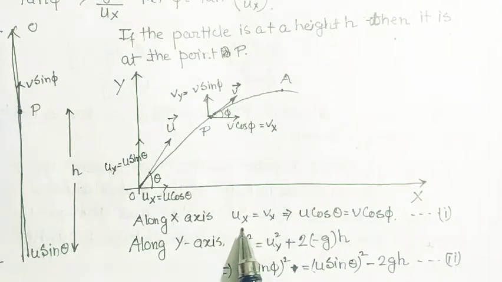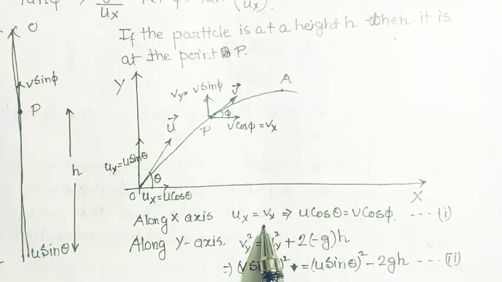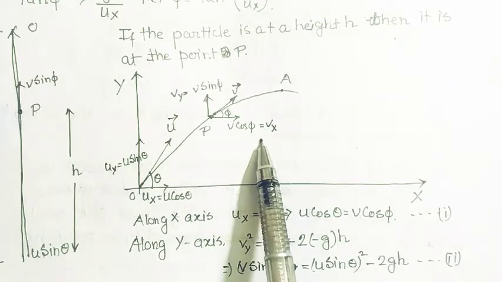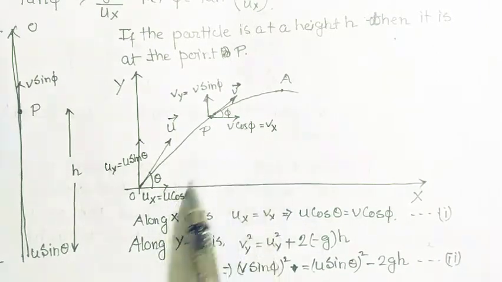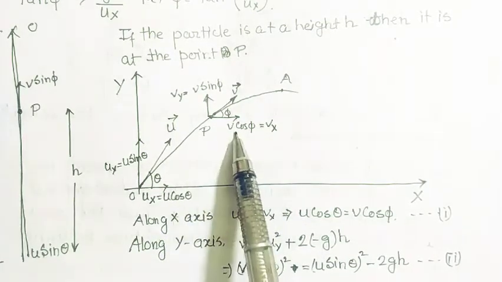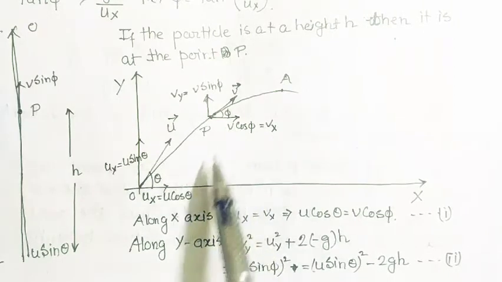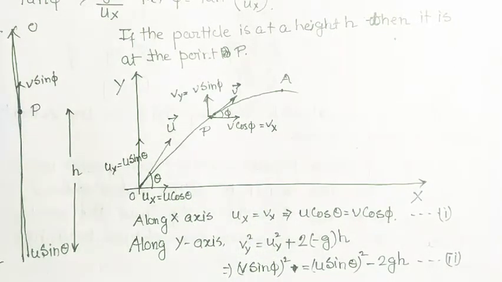Along the x-axis, ux equal to vx. You satisfy this thing because the horizontal component is not changing. The v cos phi and this u cos theta remain the same because the acceleration due to gravity is not acting along the horizontal axis or x-axis. You know this thing, so allow me to write it: ux equal to vx, u cos theta equal to v cos phi.